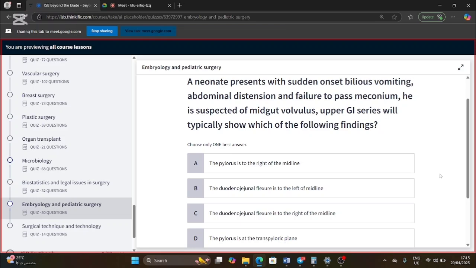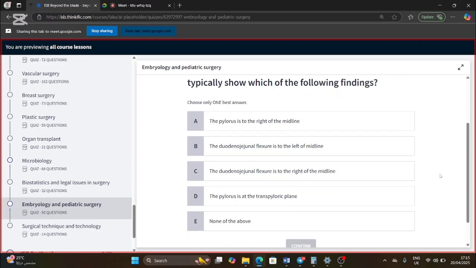A neonate presents with sudden onset of bilious vomiting, abdominal distension, and failure to pass meconium, and is suspected of midgut volvulus. An upper GI series will typically show which of the following? It will show the DJ flexure to the left of the midline. Option B?